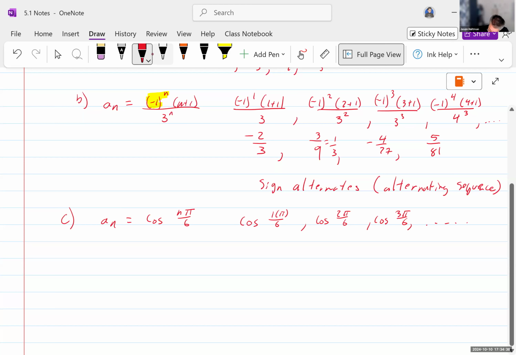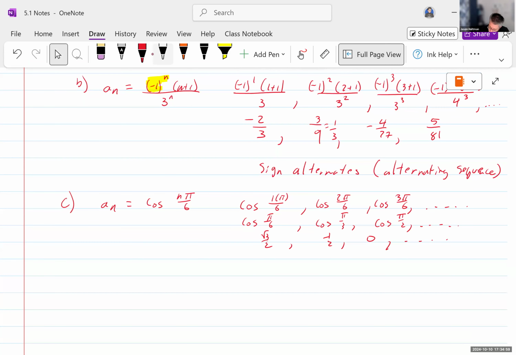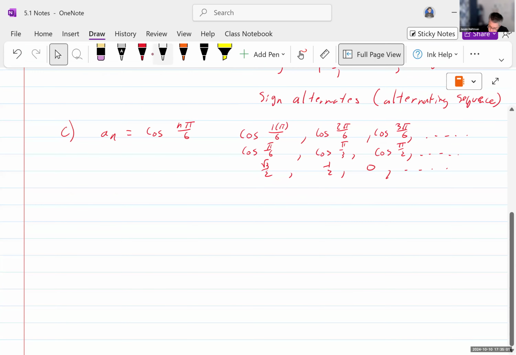This becomes cosine of pi over 6, cosine of pi over 3, cosine of pi over 2, and so on. And this becomes radical 3 over 2, 1/2, 0, and then it keeps going. Okay, so those are some examples of sequences.